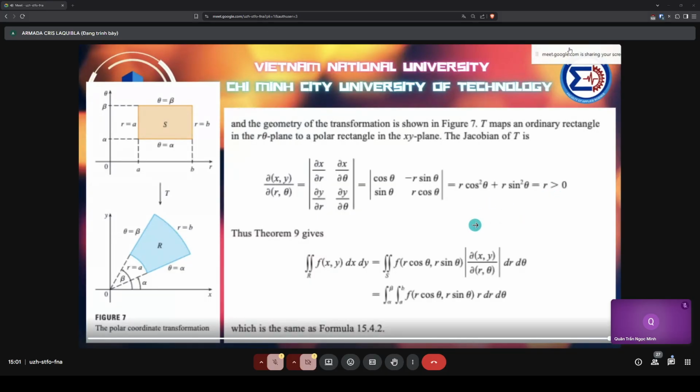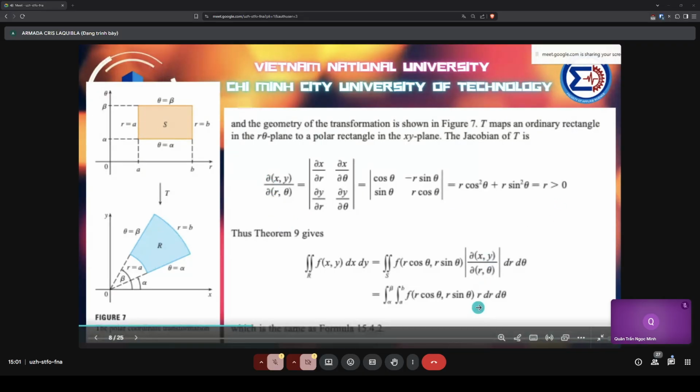And why is this equal to r? Okay, class, we have an identity that cosine squared theta plus sine squared theta is equal to 1. So when you factor out r there, r is multiplied to cos squared plus sine squared, and that's equal to 1. So r times 1 is just r. So replace that with r. So it's here r, and then dr d theta.